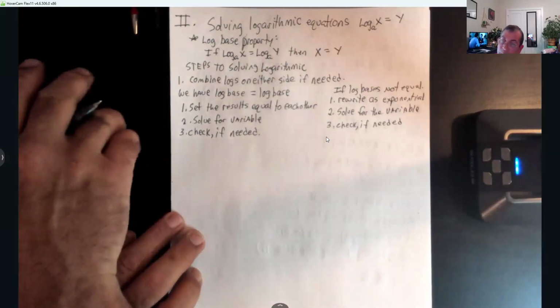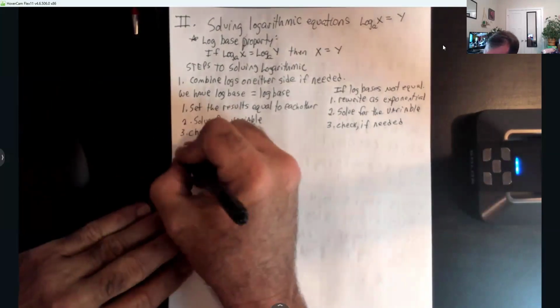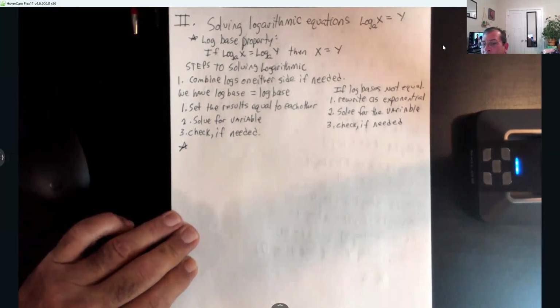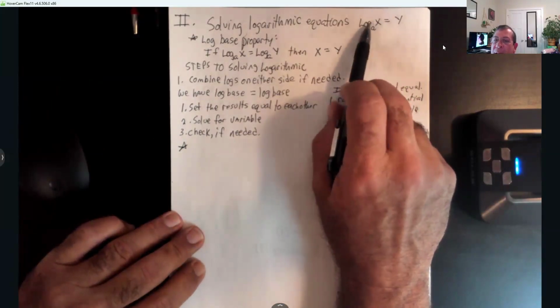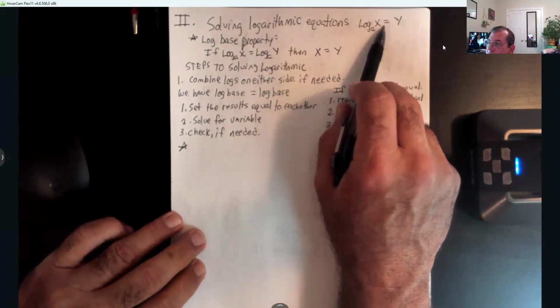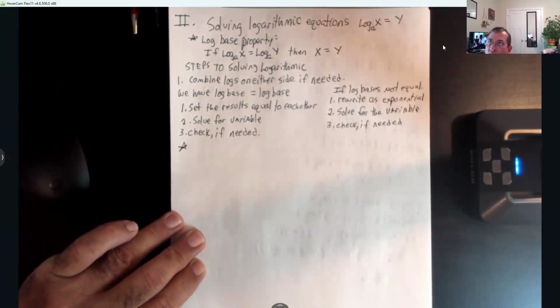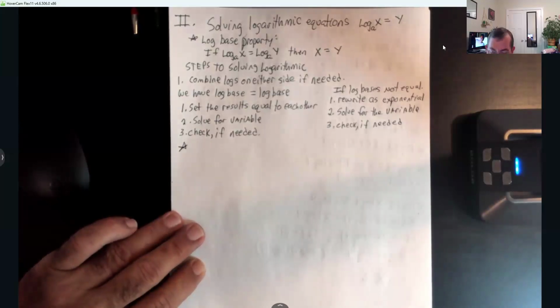Now, here's the thing about this. Since these are logarithmic equations, remember one thing. What if I end up with a negative answer for my x? I can't take the log of a negative number, remember? When y'all was doing that homework the other day for 9.4, what happened when we took the log of a negative number? We ended up getting does not exist. Remember? It said it was non-real answers.